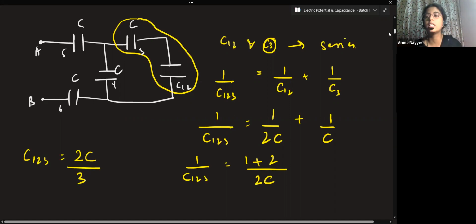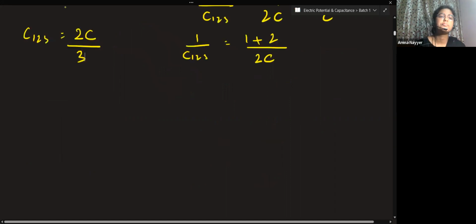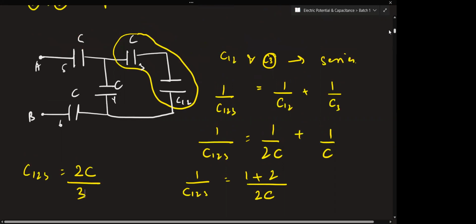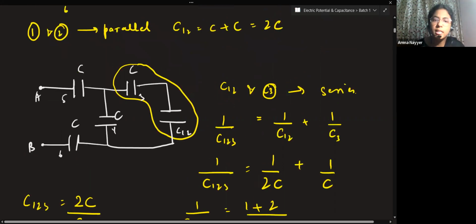Now see how the circuit looks. And by the way, how are C12 and C3 in series? See, these are connected by a single wire. The same wire is there. Even if I bend it like this, now they look in series.